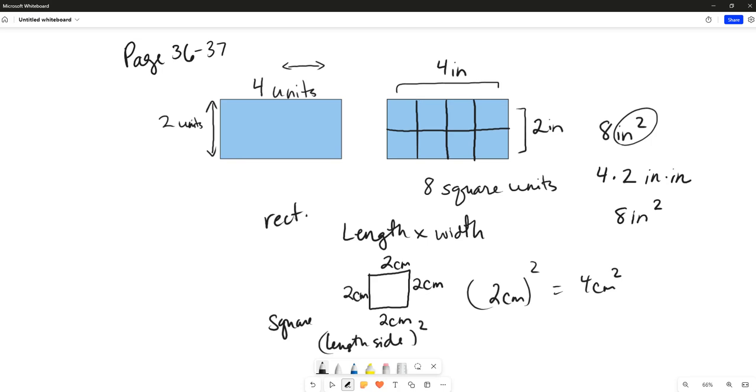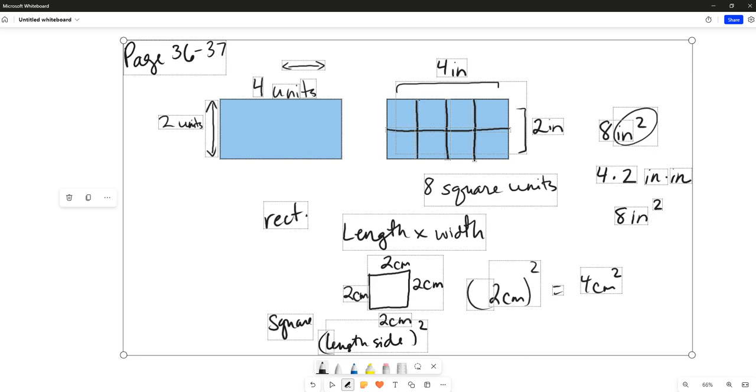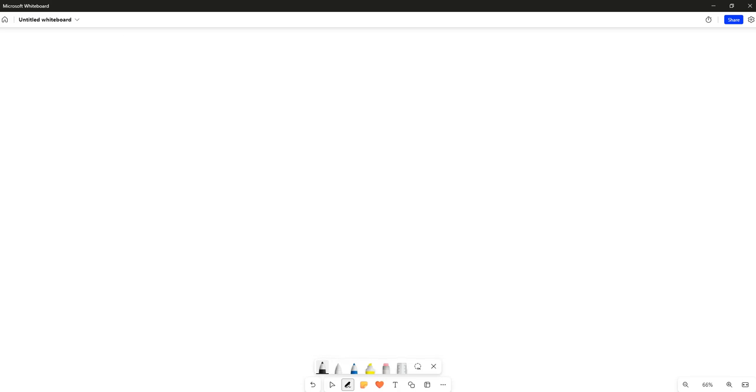Okay, let's look down at example 8.1. All right, we have a shape. It's not a rectangle or a square. It's a little bit different. So we have 2 parts.